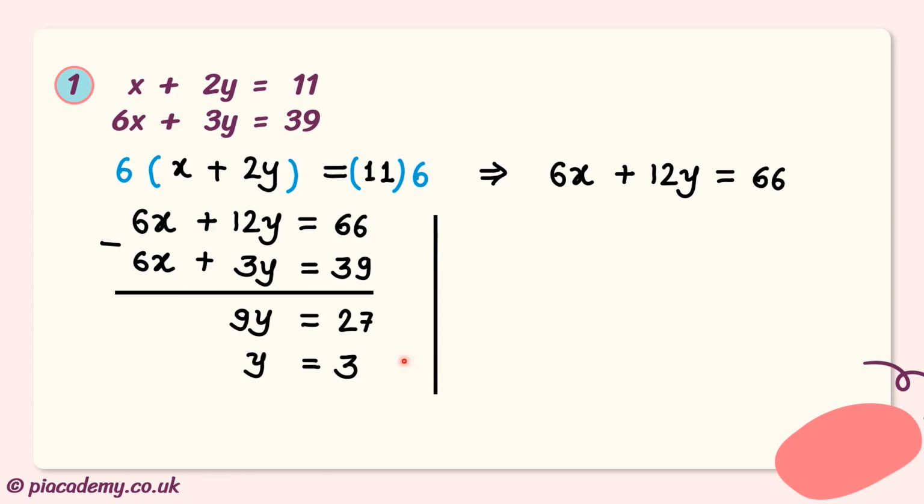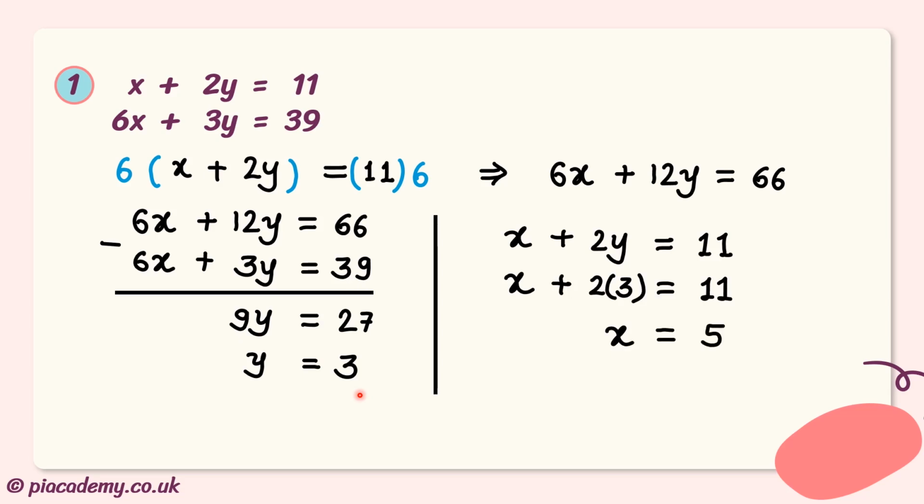Now, let's substitute this value of y in the equation x plus 2y is equal to 11. We get x plus 2 times 3 is equal to 11, and that gives the value of x as 5. Thus, the final answer is x is equal to 5 and y is equal to 3.